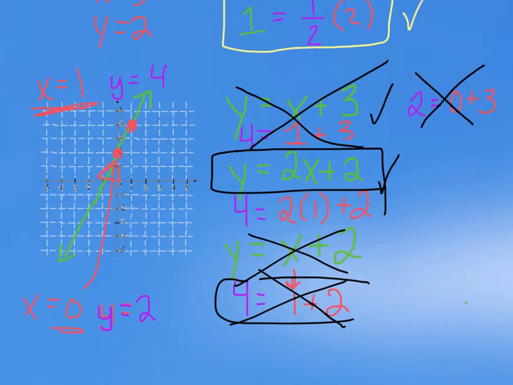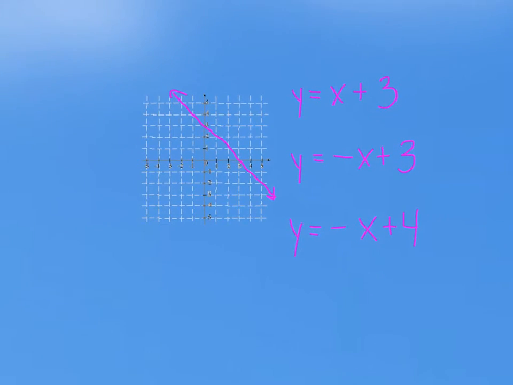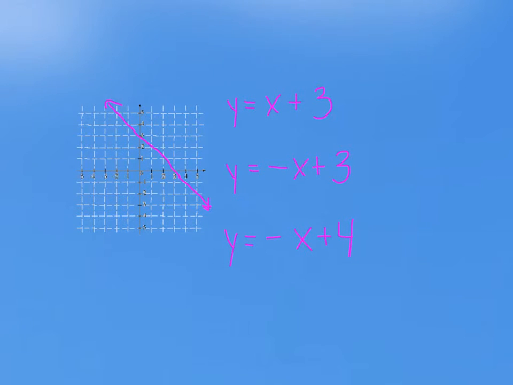Okay, one last example, just over here. Okay, I'm going to pick, let's do this point right here. And that has an x value of 3 and a y value of 0.